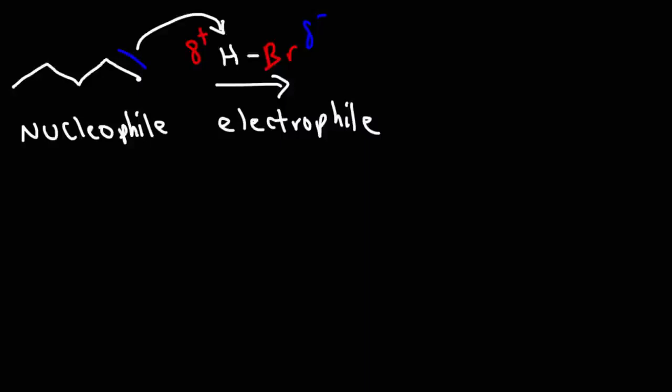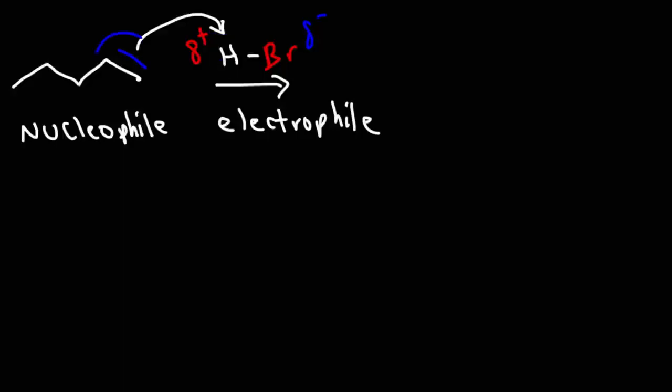Bromine is more electronegative than hydrogen. As a result, you have unequal sharing of electrons in this bond. Because bromine is more electronegative, it's going to pull those electrons in that covalent bond closer to itself. And so bromine is going to acquire a partial negative charge. Hydrogen is going to be partially positive, so it's going to be deficient in electrons.